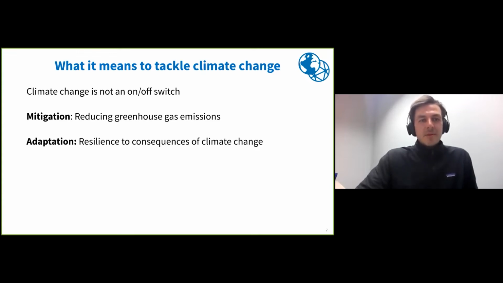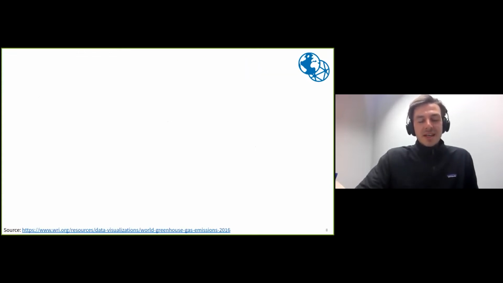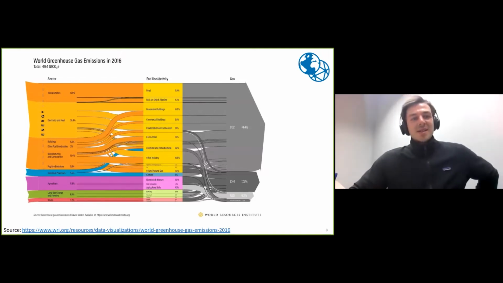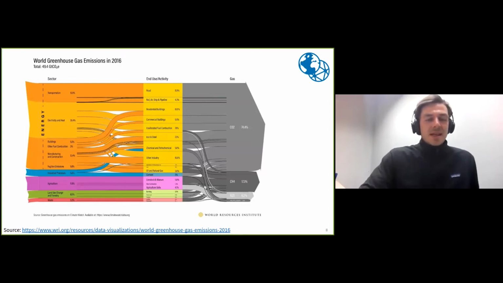And where can we do mitigation? Here this plot shows the sources of greenhouse gas in 2016, but it's still valid today. And we can see that across all industries, greenhouse gases are emitted, mainly CO2, but also methane is an important greenhouse gas.